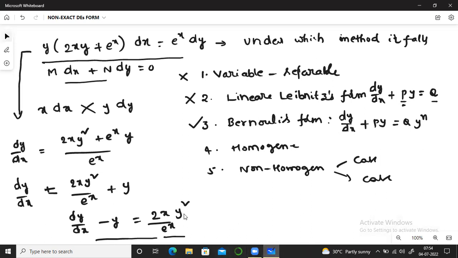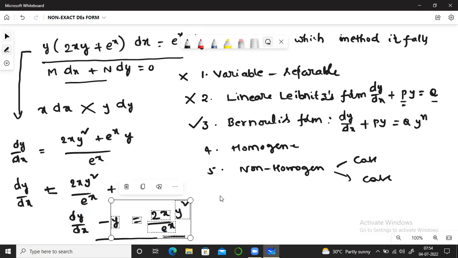So now we will solve the same problem by using Bernoulli's form.